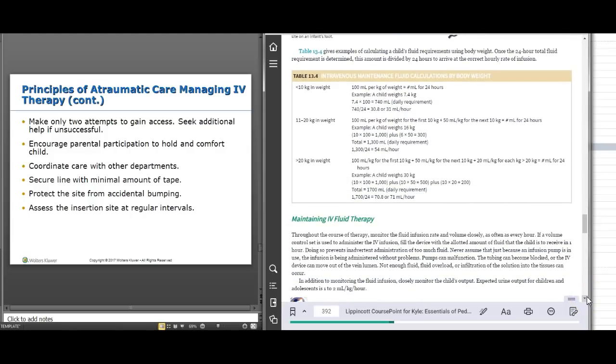Okay, so here's another example. 100 mLs per kilo for the first 24 hours. If you've got a 7.4 kilo kid, this is a little different. You take all 7.4, because that's all you got, times 100, and it equals 740. That's your daily requirement. Divide that by 24, and there's your rate.